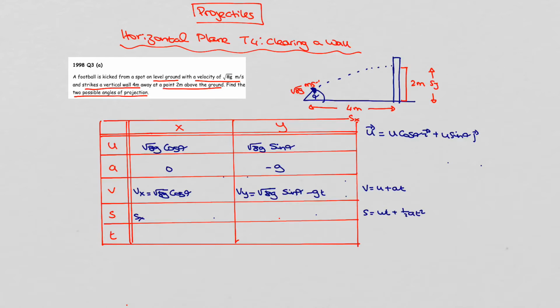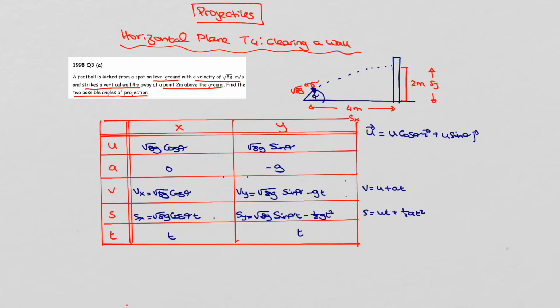Therefore S in the x direction is root 8g cos alpha t, and in the y direction root 8g sine alpha t minus a half gt squared, and then t for our time.